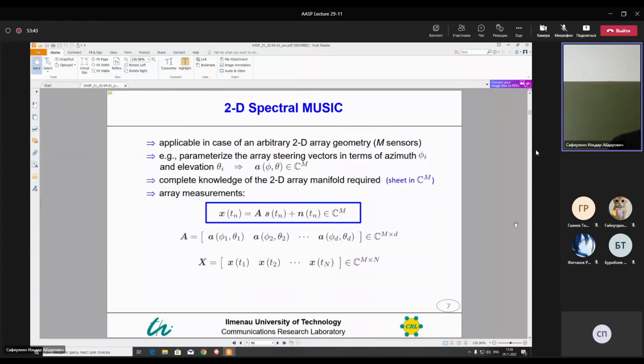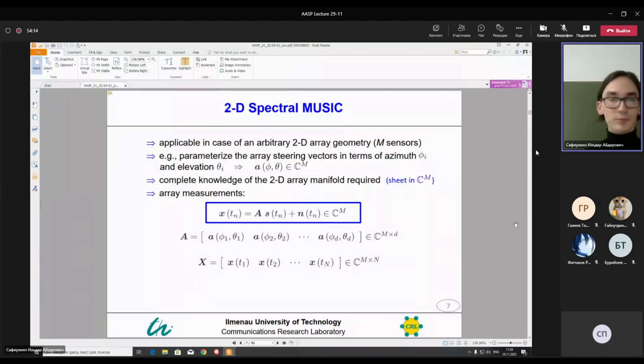We start with 2D MUSIC, and here we assume the number of sensors is equal to M. As before, the MUSIC algorithm is applicable in case of arbitrary 2D array geometry, so it is not centrosymmetric, for example.